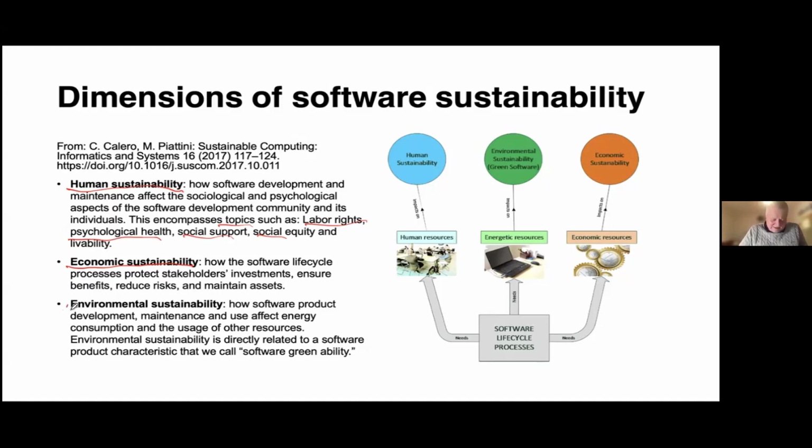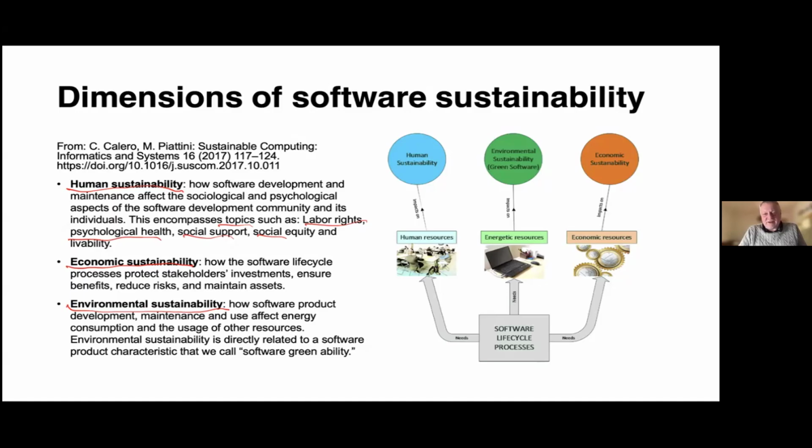And the last thing is environmental sustainability, which basically says we want to have software greenability, which means that the software, including the development but also the execution, has no or the least necessary impact on greenhouse gas emissions or any other thing we want to reduce.